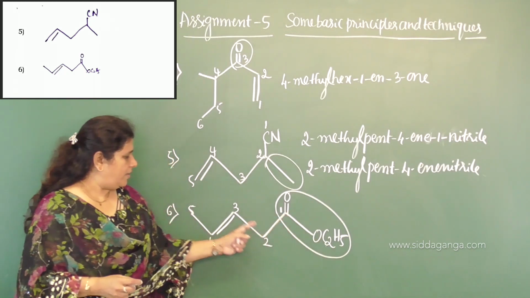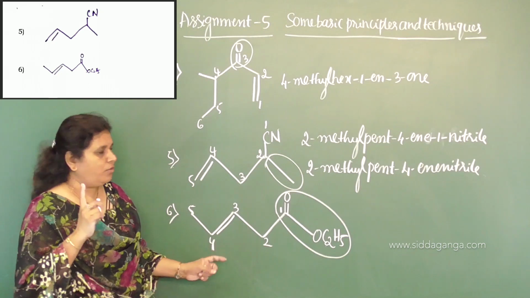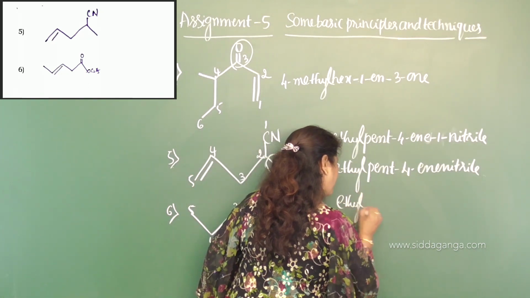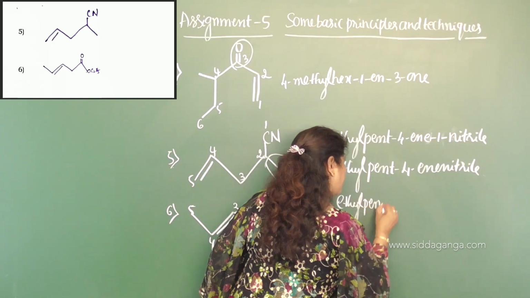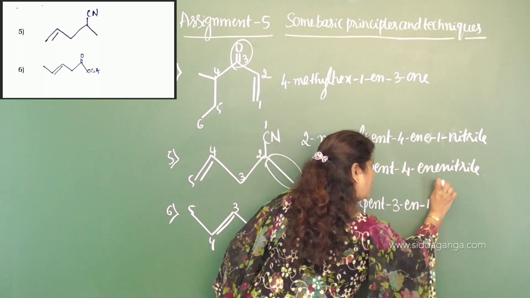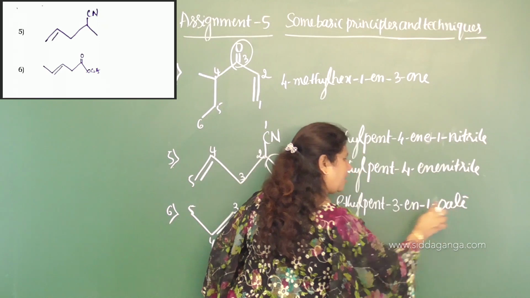How to name this compound then? Ethyl pent-3-en-1-oate. I will write the name. Ethyl alkyl pent 3 en 1 oate. This is alkanoate.